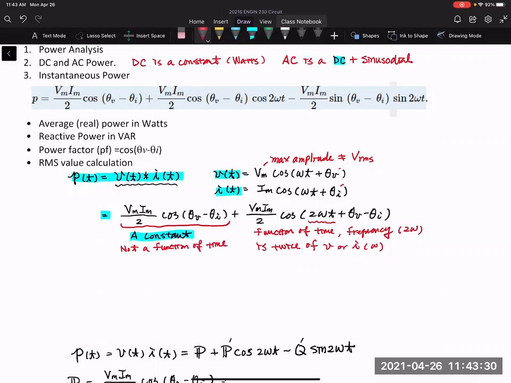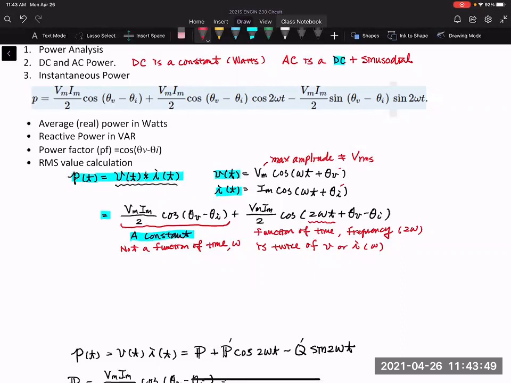Because this is a constant, it doesn't depend on time. It is also not a function of omega. It doesn't matter how fast you oscillate the signal, this number doesn't depend on omega either.